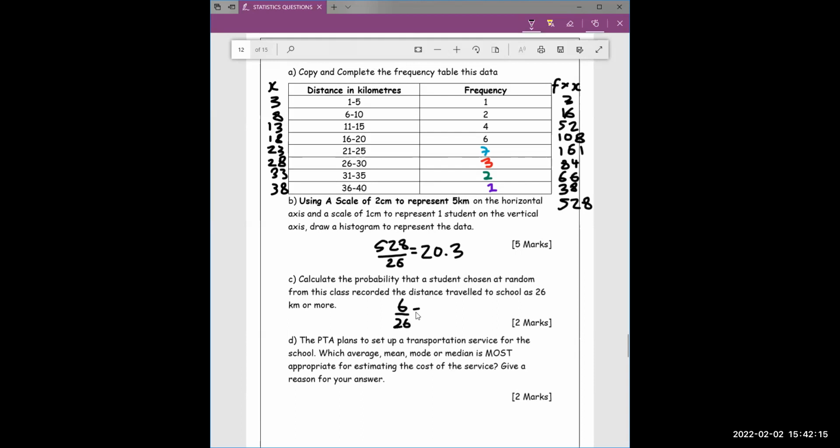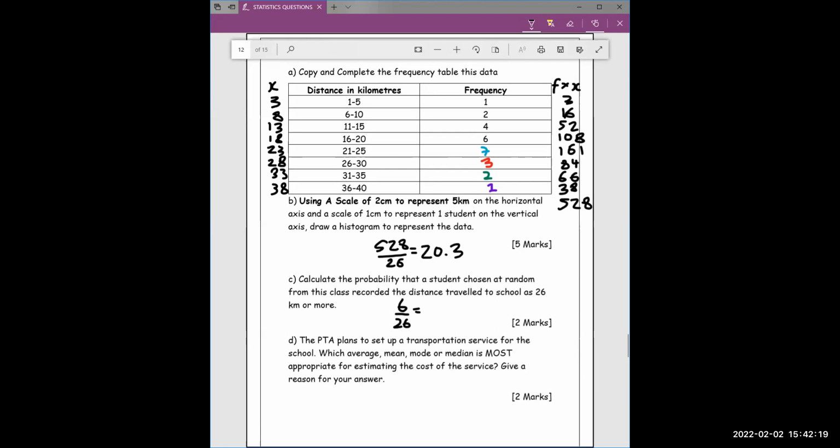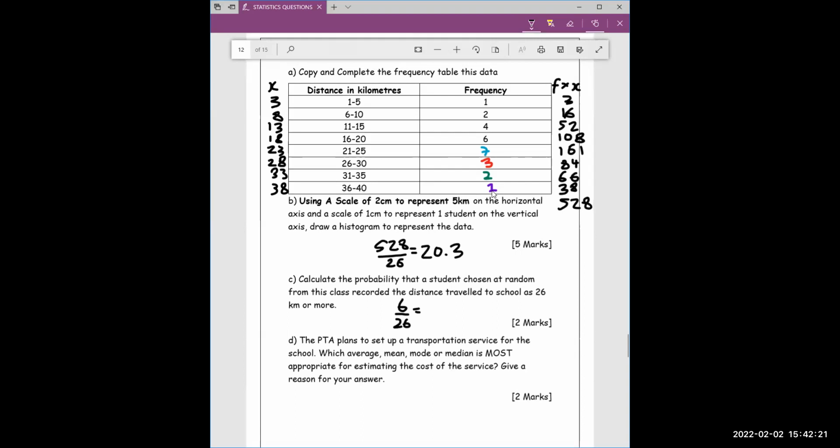We get 6 out of 26. The 3, 2, and 1 from the table. Very good. That's correct. I'm just testing to see if you're confident. Very good. All right, sharp.